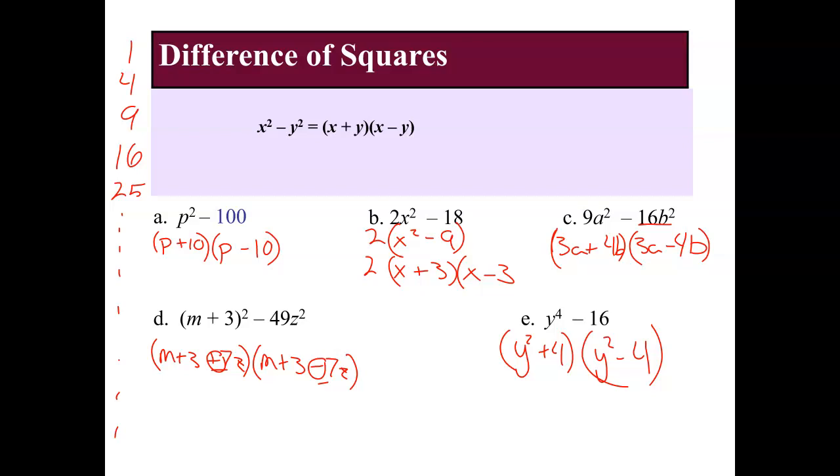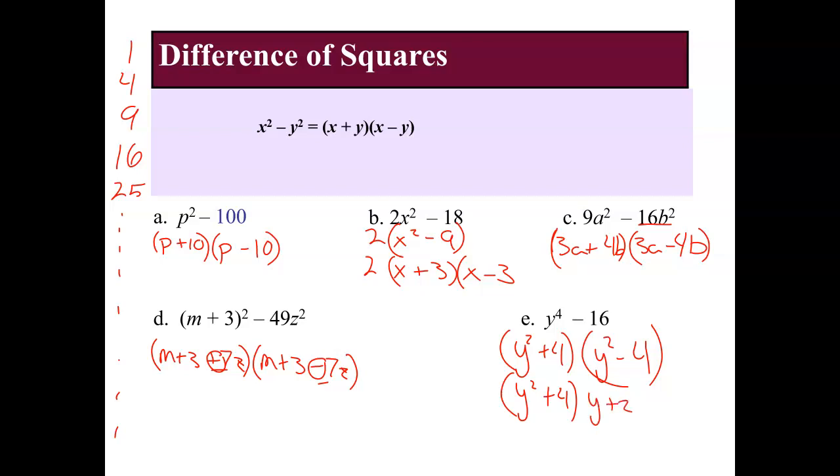One of our factors is still a difference of squares. So we need to continue factoring it as much as we can. So we still have y squared plus 4. That doesn't have any factoring. We can't factor a sum of squares. That's not a thing.